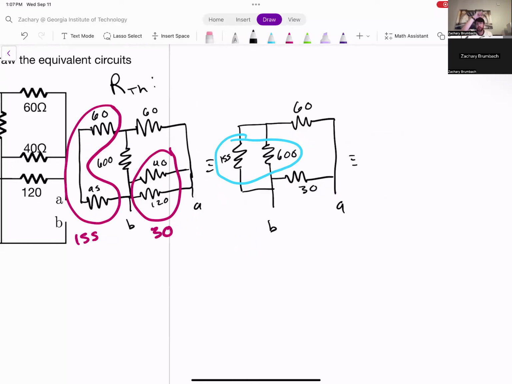But remember, series is literally a straight line with nothing connecting, resistor, resistor. Parallel is two opposite nodes with only the resistors. So here we have from this node to this node, both resistors share those nodes as their ends, so they are in parallel.